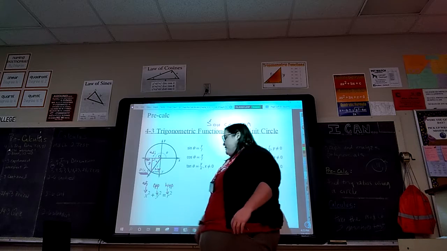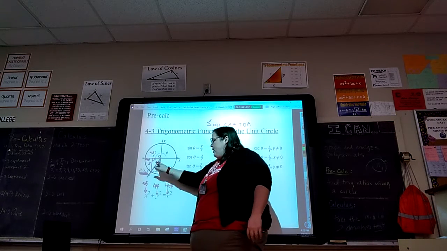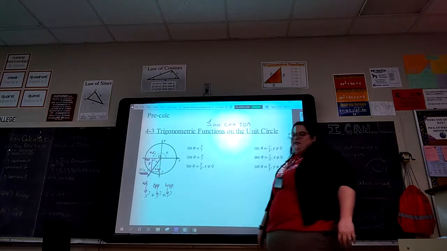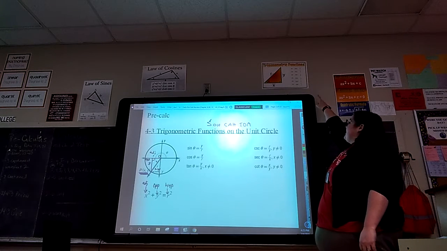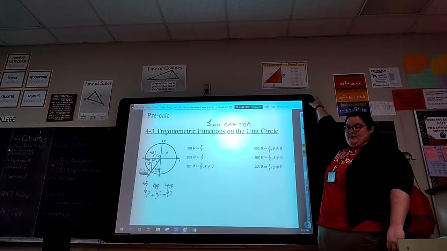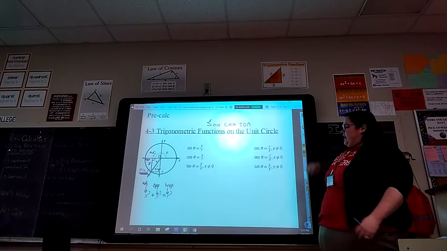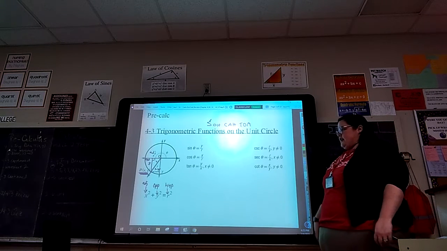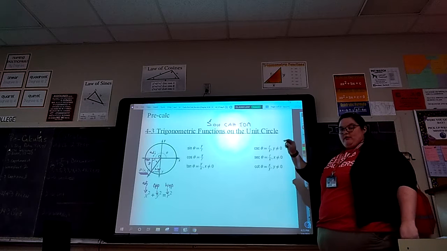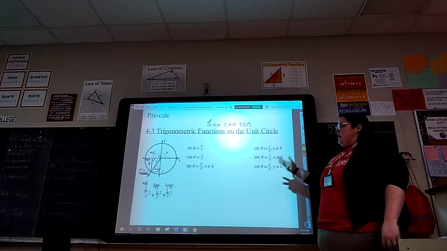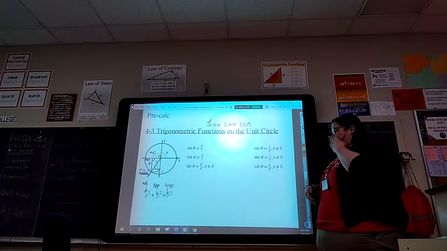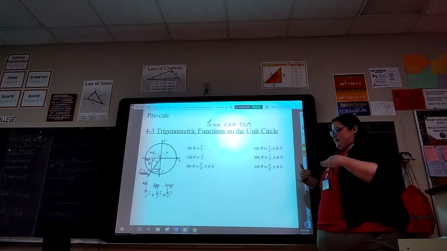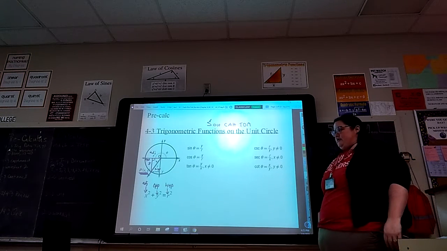So then we can use those three values, x, y, and r, to write the trig ratios like we did before. I don't know if you can see it, but you can see on my poster the big letters of x, y, and r, and it all stems from being able to draw in that right triangle from that circle, and then applying it, the x value as the adjacent side of that right triangle, the y value as the opposite side, and the hypotenuse as the radius.